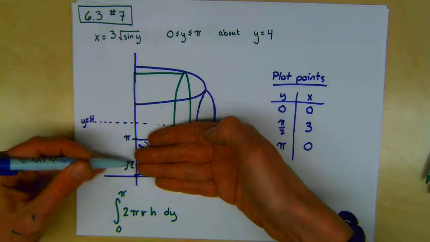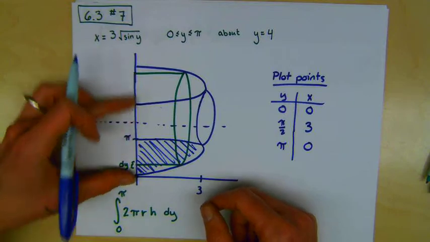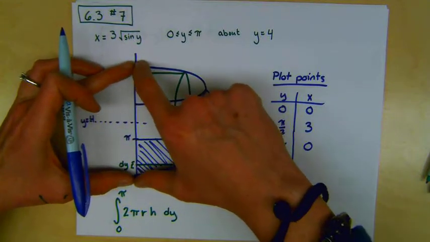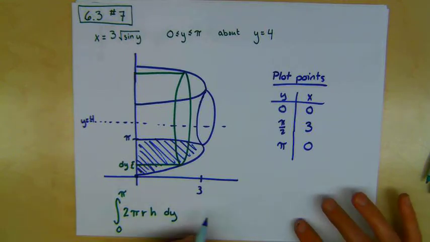So I just need to measure the distance along this one face, and if I went all the way up here, that would be way too big, because that's being rotated all the way around.